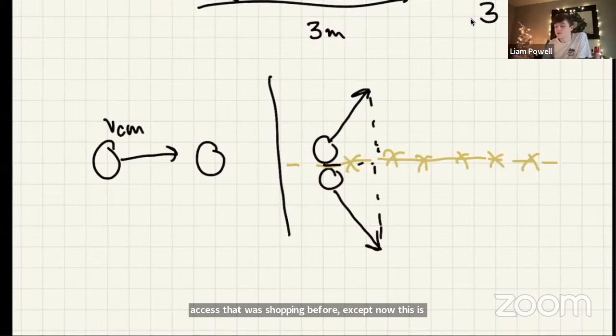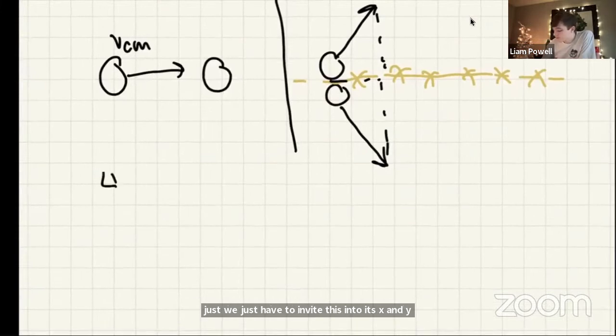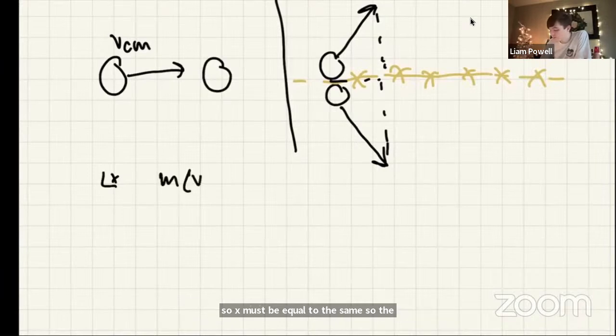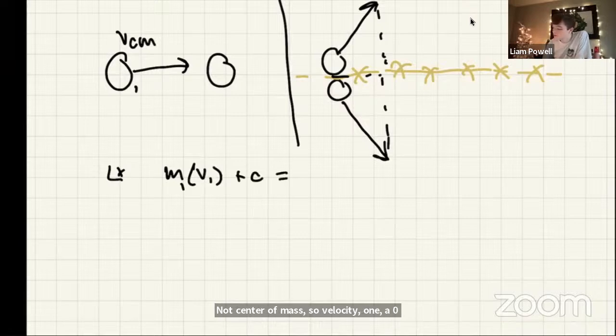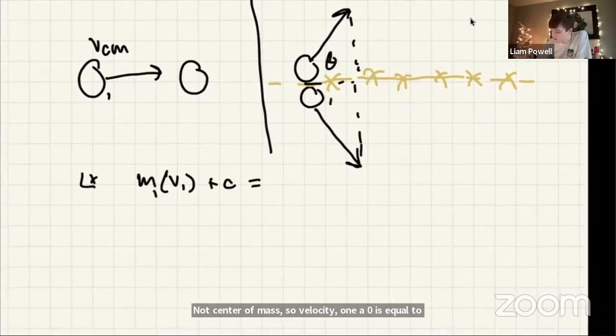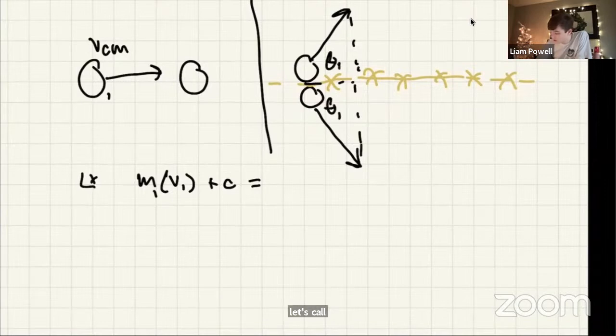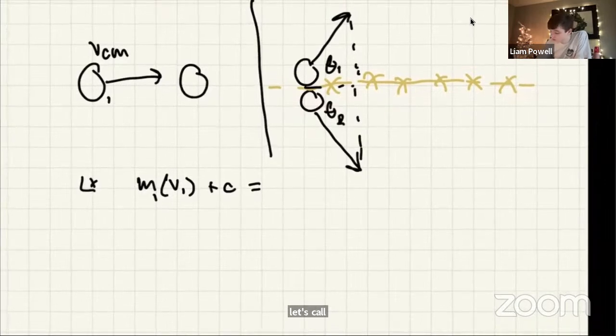So the x component must be equal to the same: mass times velocity 1 plus 0 is equal to, let's call these theta 1 and theta 2.